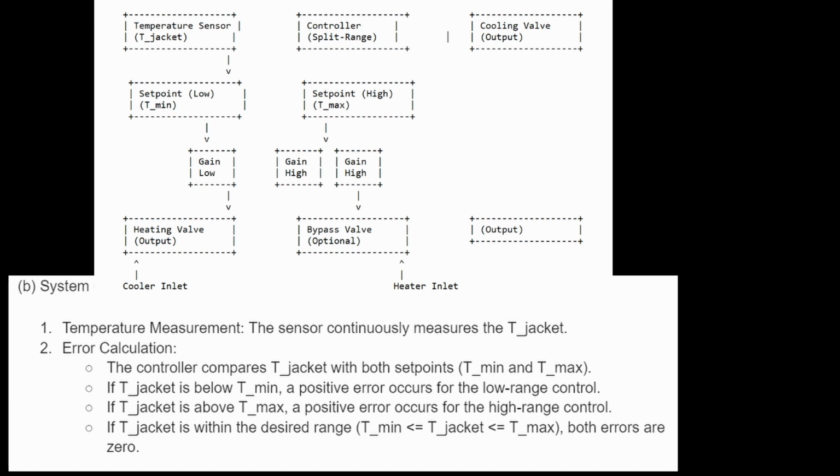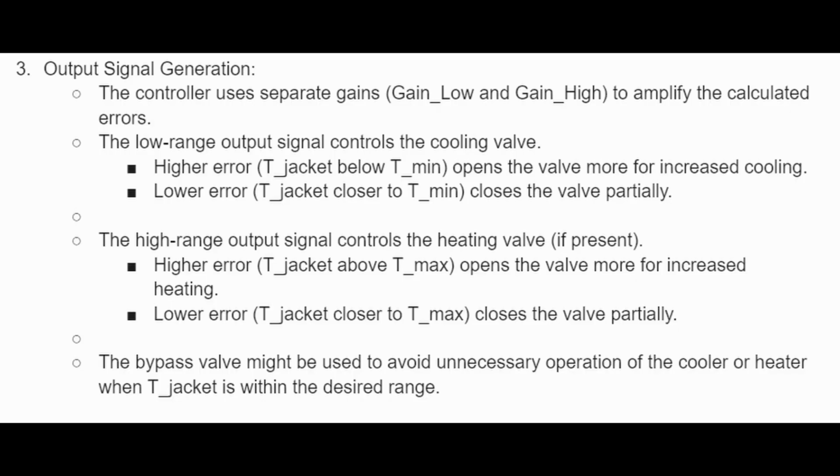If T jacket is above T max, a positive error occurs for the high range control. If T jacket is within the desired range, where T min is less than T jacket is less than T max, both errors are 0.